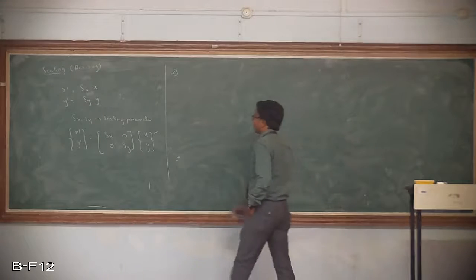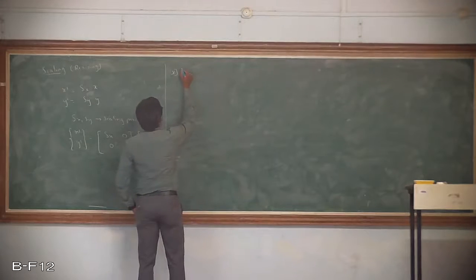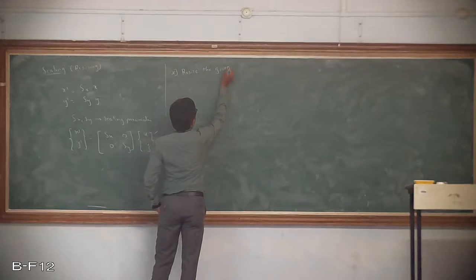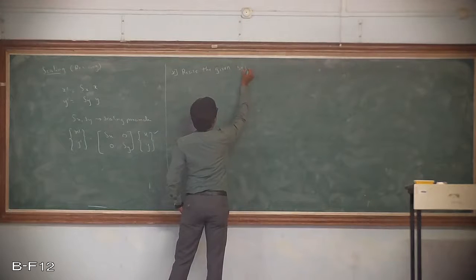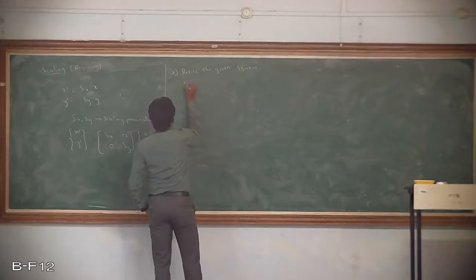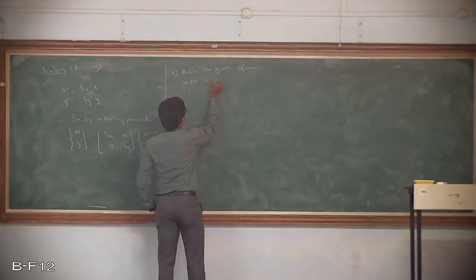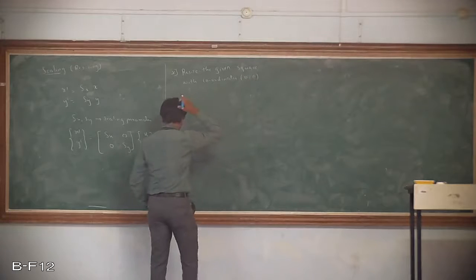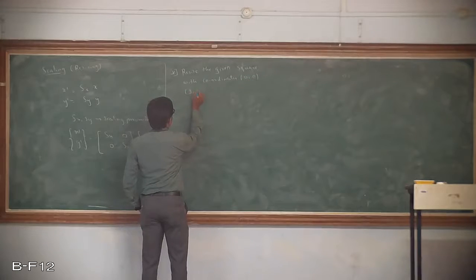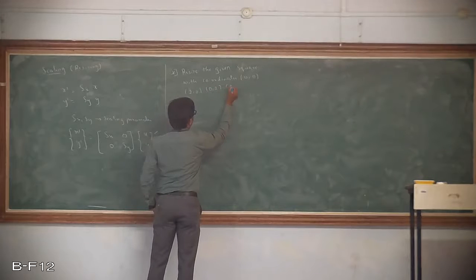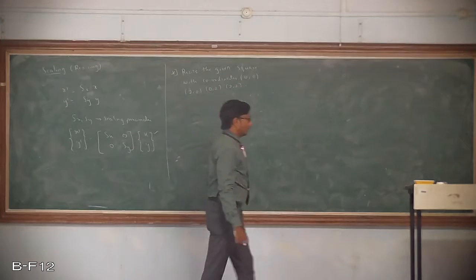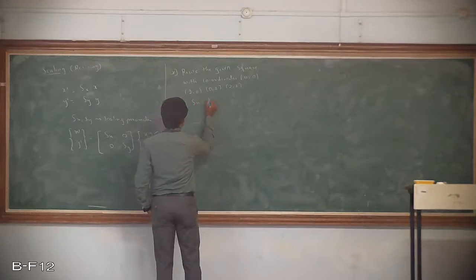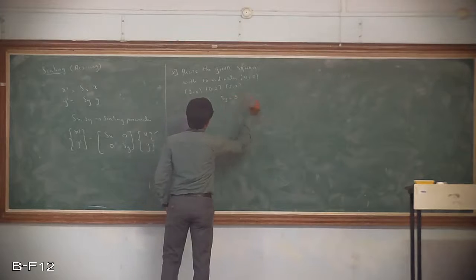Resize the given square with coordinates 0, 0, 2, 0, 0, 2, and 2, 2, where sx, the scaling along the x-axis, is 2, and sy, the scaling along the y-axis, is 3.